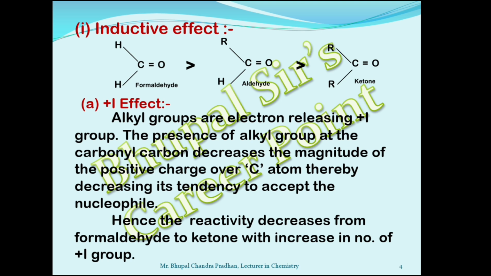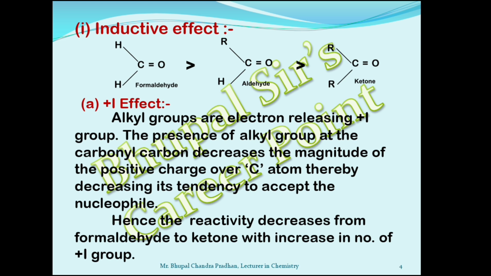Alkyl groups are electron releasing plus I groups. The presence of an alkyl group at the carbonyl carbon decreases the magnitude of positive charge on the carbon atom, thereby decreasing its tendency to accept the nucleophile. Hence, the reactivity decreases from formaldehyde to ketone with increase in the number of plus I groups.